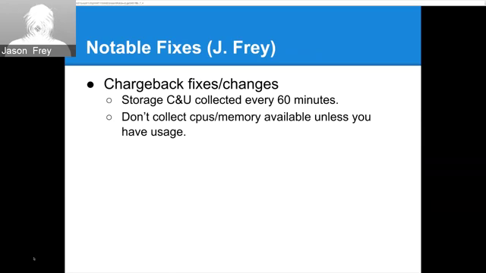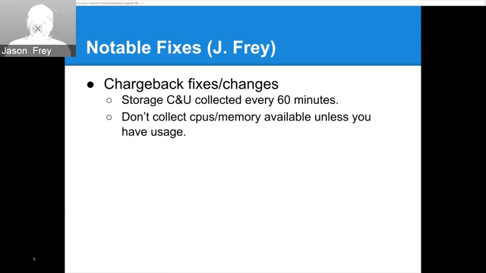The second half of the problem is when you're collecting the storage CapU, we derive a lot of information from other sources. And at that time, we were collecting the number of CPUs available. For example, as you saw on the previous slide, it'd be 4 logical CPUs for that RHEL box. However, if usage values were not collected for the VM, you'd get more weird math errors because you'd have nil values for usage, but then you'd have 4 available CPUs.